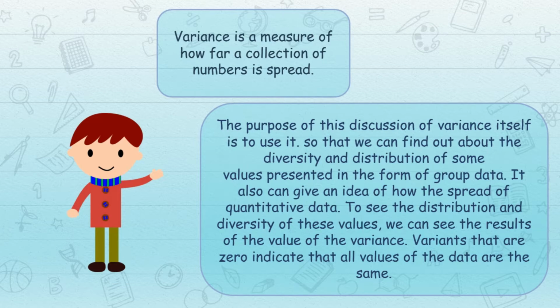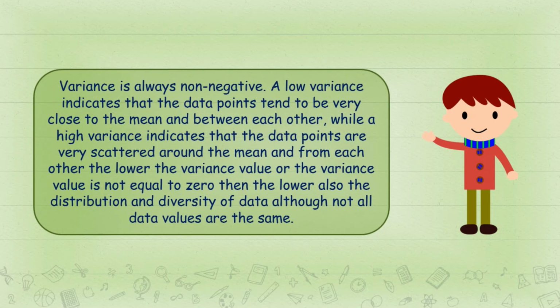A variance of zero indicates that all values of the data are the same. Variance is always non-negative. A low variance indicates that the data points tend to be very close to the mean and to each other, while a high variance indicates that the data points are very scattered around the mean and from each other.